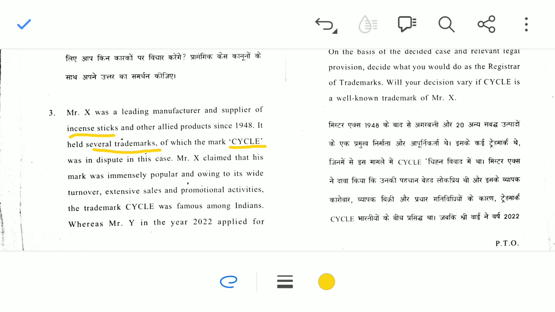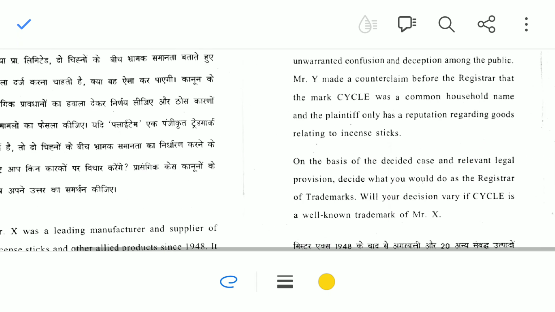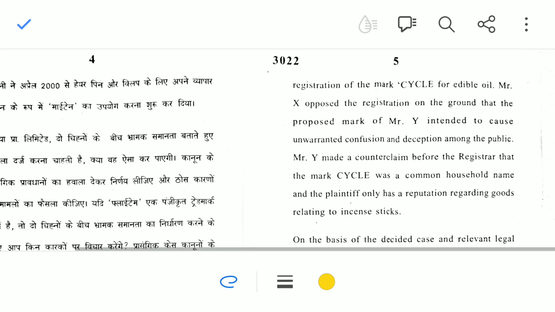Mr. X claimed that this mark was immensely popular owing to its wide turnover, extensive sales, and promotional activities. The trademark Cycle was famous among Indians, whereas Mr. Y in the year 2022 applied for registration of the trademark Cycle.